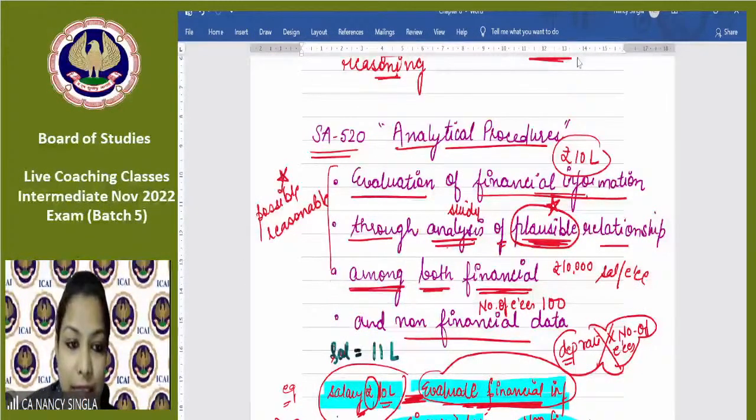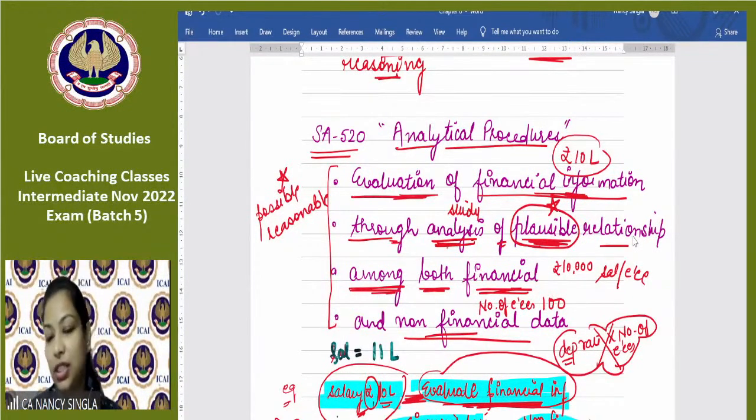So let us read this definition again. Evaluation of financial information through analysis of plausible relationship among both financial and non-financial data. So the auditor is evaluating financial information, which is salaries of rupees 10 lakh, through analysis of possible, believable, reasonable, that is the term used, plausible relationship among both financial, that is rupees 10,000 per employee salary, and non-financial data, which is number of employees.